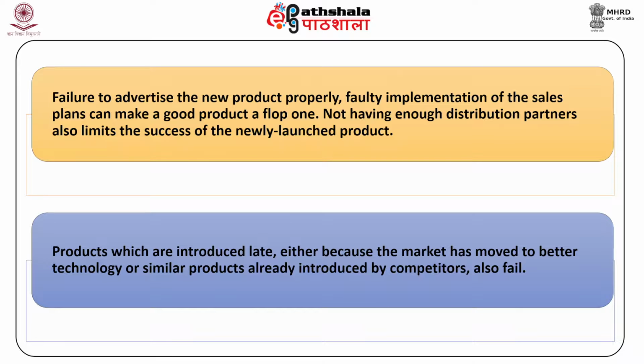Products that are mispriced or have a poor price-value relationship in the eyes of consumers will also fail. For example, the initial failure of Duracell alkaline batteries in India was mainly due to consumers' perception that they were overpriced. Otherwise, the batteries had a long-lasting life.